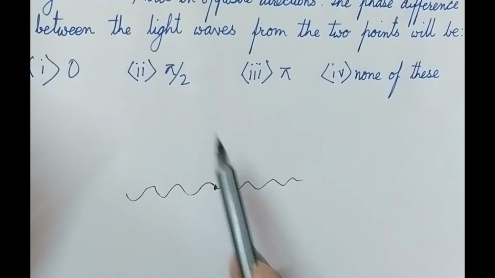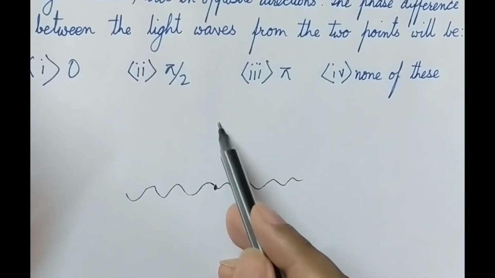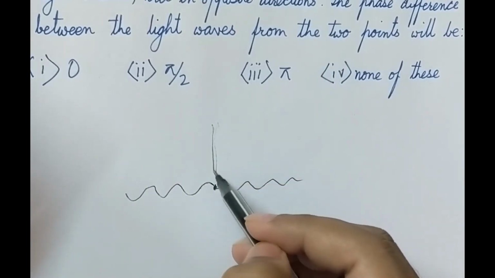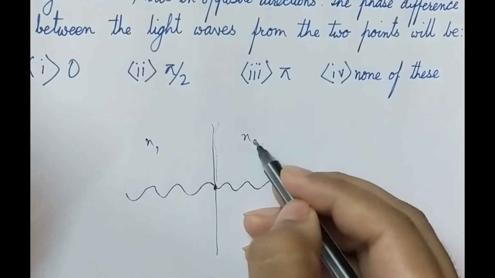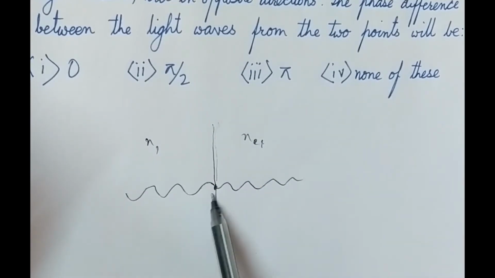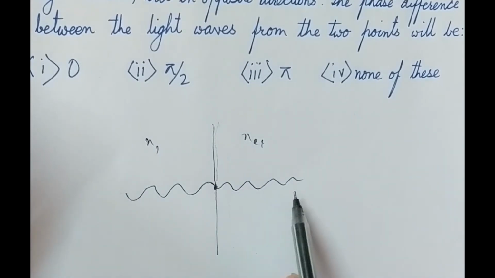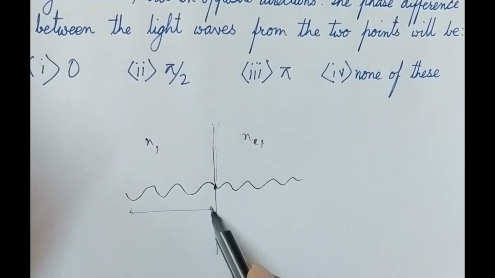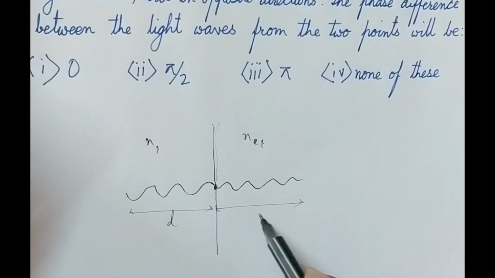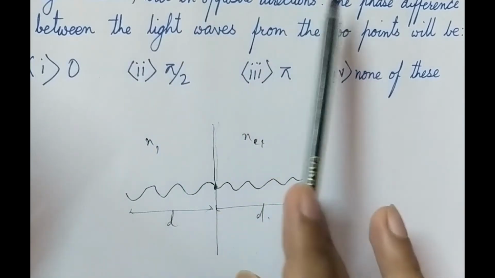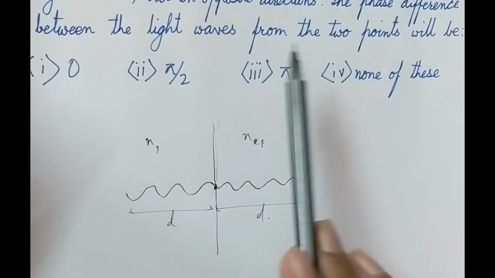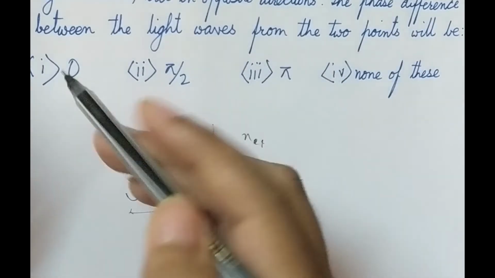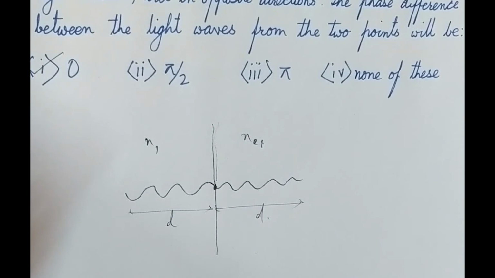So if the medium is the same on both sides of the light source, if both are N1, then how much phase difference there will be on each side only depends on the distance. Since it has been said here that the medium is the same and it moves the same distance, we can conclude that their phases will be equal, and the phase difference will obviously be 0. Let's move ahead to our next question.